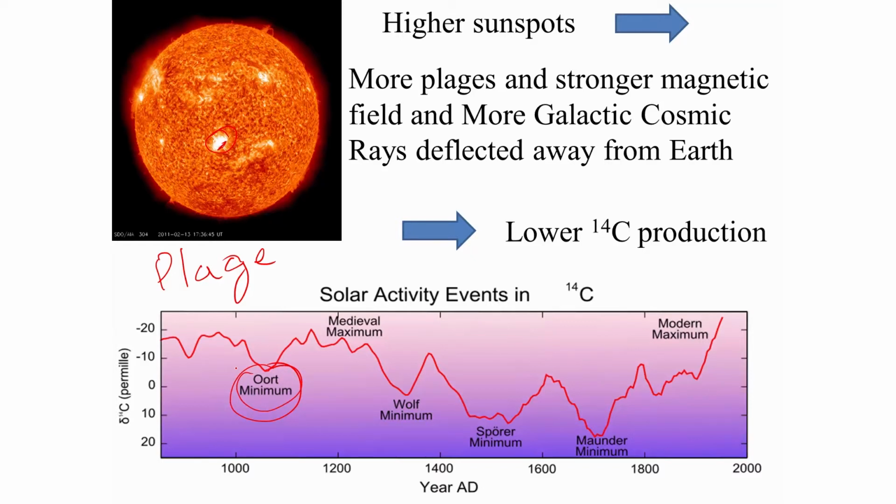So you will get signatures in C14 because the production of C14 changes. So they were coming out of the medieval warm period. Somewhere here you began to have several minima in solar activity like the Wood minimum, Wolf minimum, Sporer, Maunder minimum and so on, and then we got into the modern maximum.